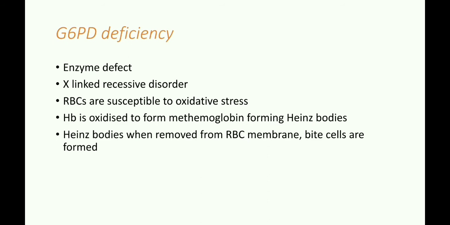In normal cases, due to the presence of these enzymes, they are able to tackle all these kinds of oxidative stress, but here, since there is a defect in this enzyme, they are susceptible to this oxidative stress, and there will be destruction of RBCs.